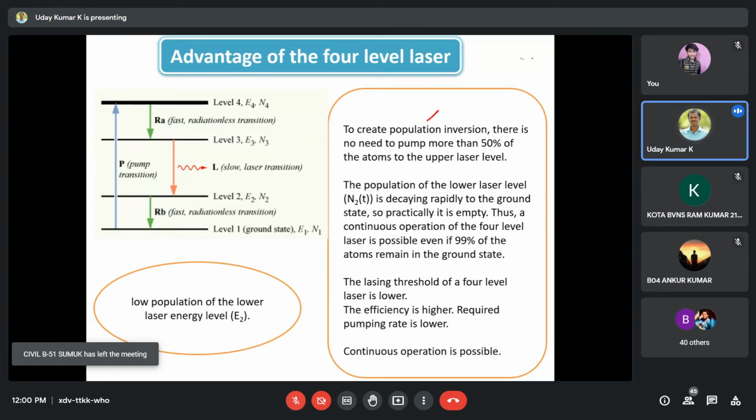For example, the advantage with the 4-level laser is this. When you had a 3-level laser, we said that at least a minimum of 50% should go to the higher energy level. Then from there it comes down to the second energy level, correct? So that means to create the population inversion, you need to have optical pumping or a pumping mechanism.